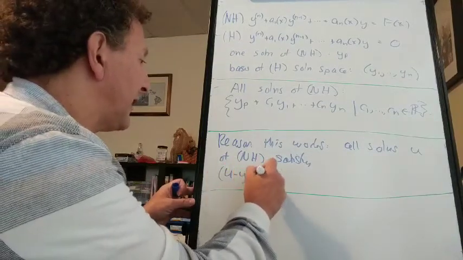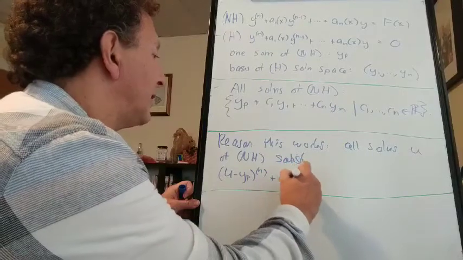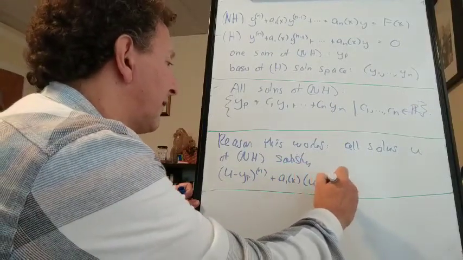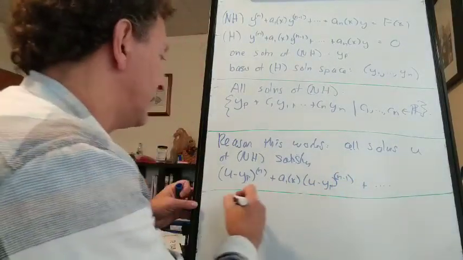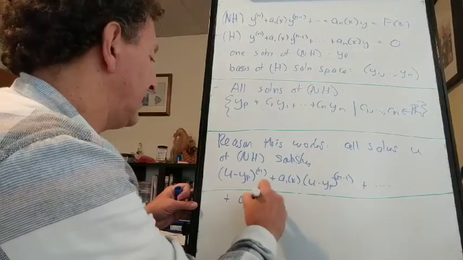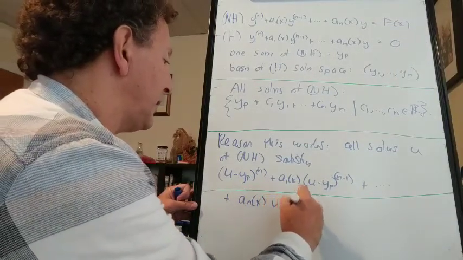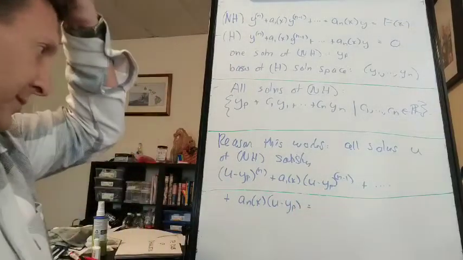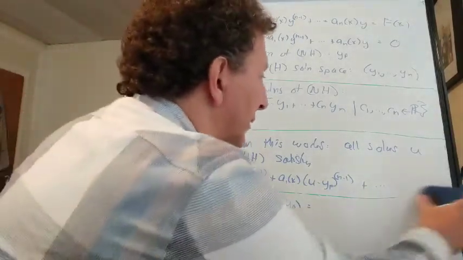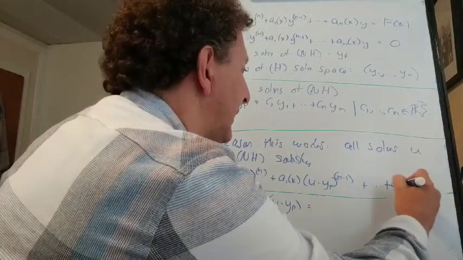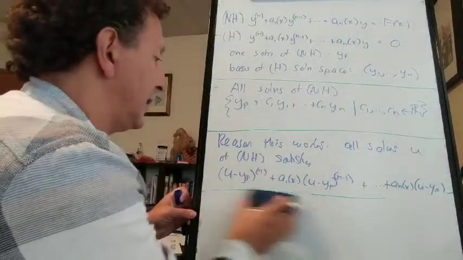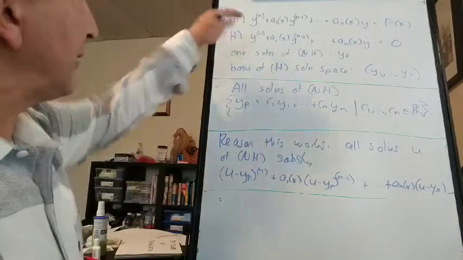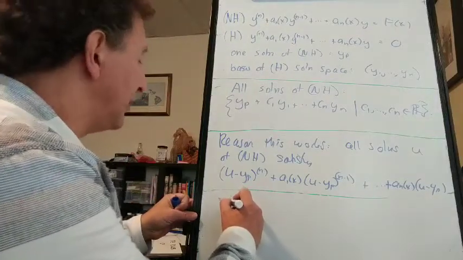So the nth derivative of that plus a1 of x times the n minus first derivative of that, etc., plus a n of x times u minus yp equals, so basically I have the left-hand side with u substituted in for y.